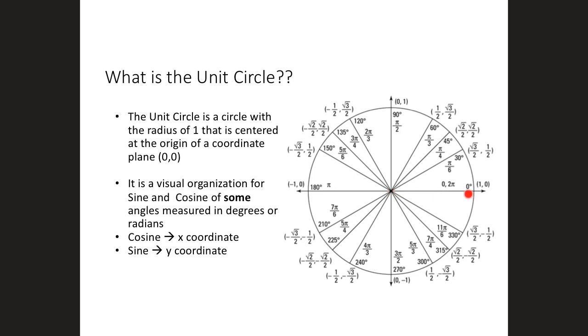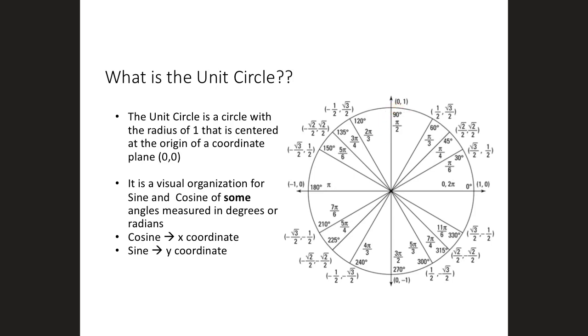And then it goes out on the x-axis and the y-axis, and we have the positive x-axis. We have intersections with the circle at 1, 0, 0, 1, negative 1, 0, and 0, negative 1. You'll notice some key features. So we have 0 and 2 pi, also known as 0 degrees and 360 degrees.